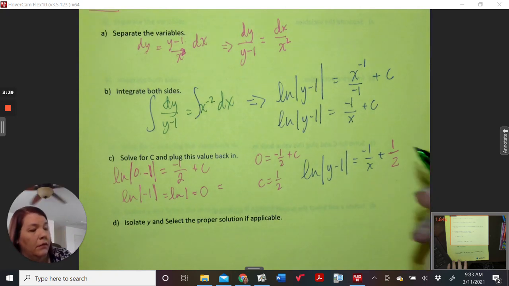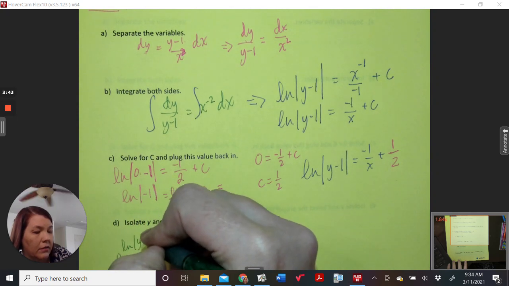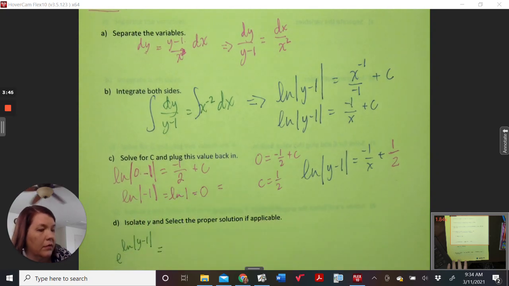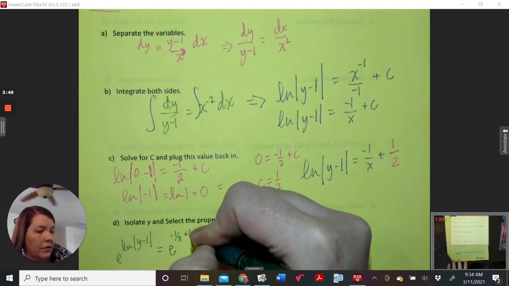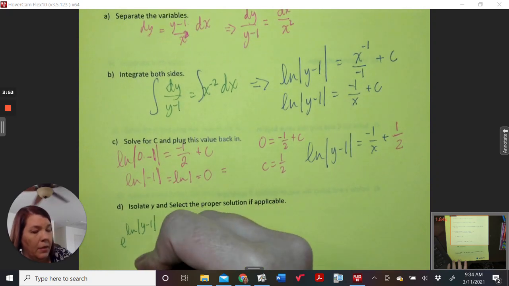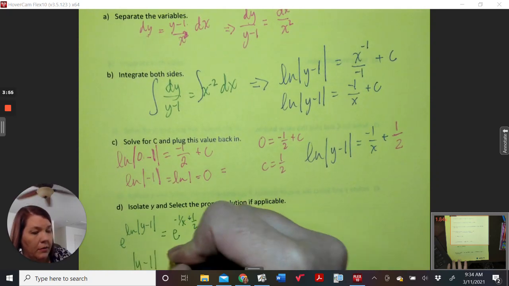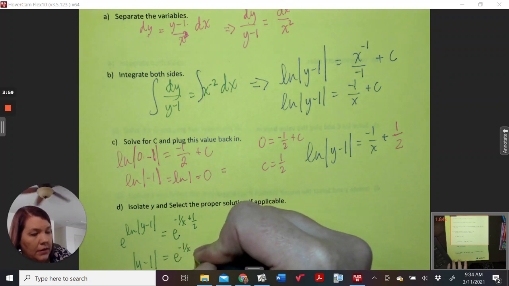So make both sides exponent of e. This side becomes y minus 1, and I'll put it in the absolute value, equals e to the negative 1 over x times e to the 1/2.